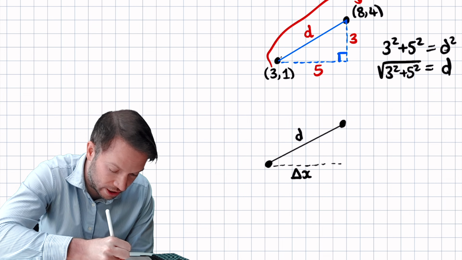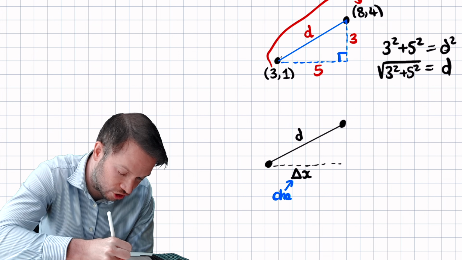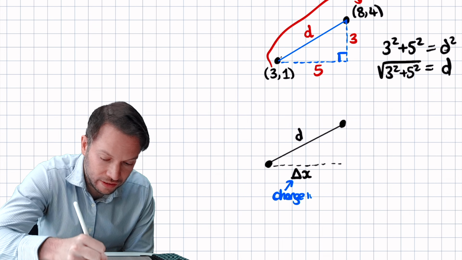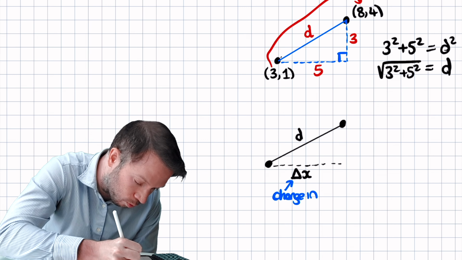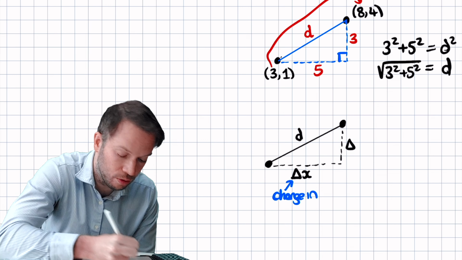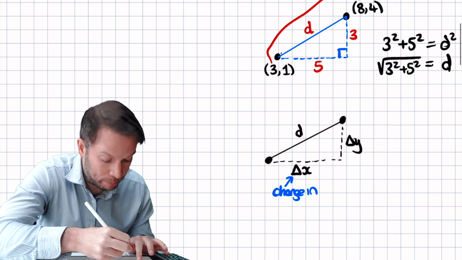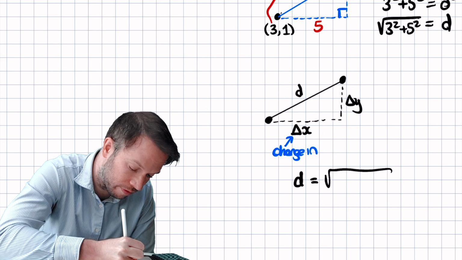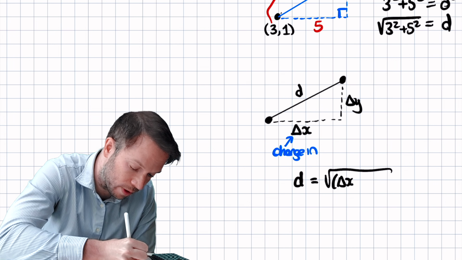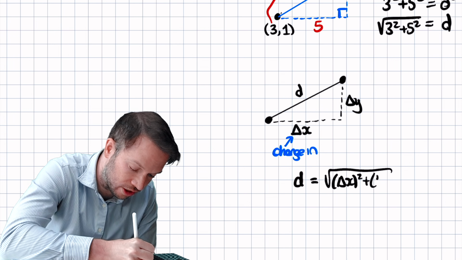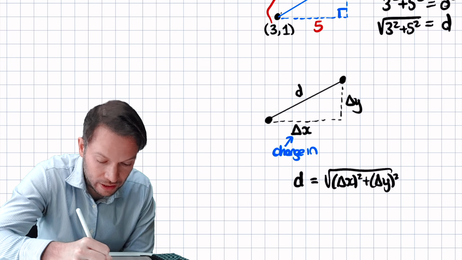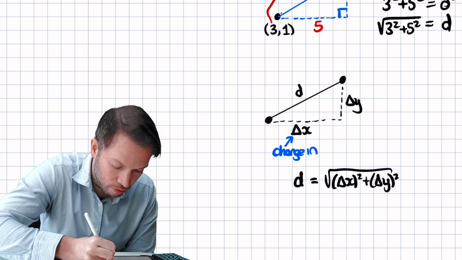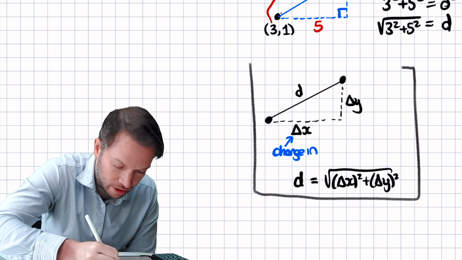So we find the change in x and we find the change in y value between the two coordinates. And then by Pythagoras theorem, we've got the distance is the square root of the change in x squared plus the change in y squared. So that is the key formula that we need to use here.